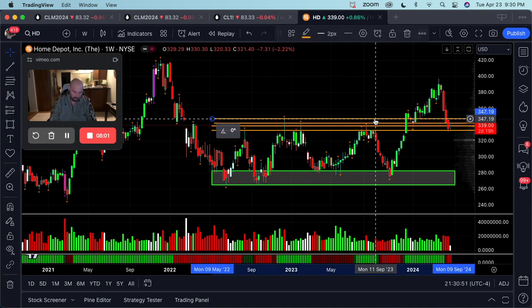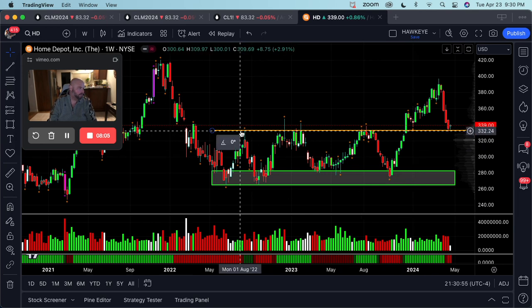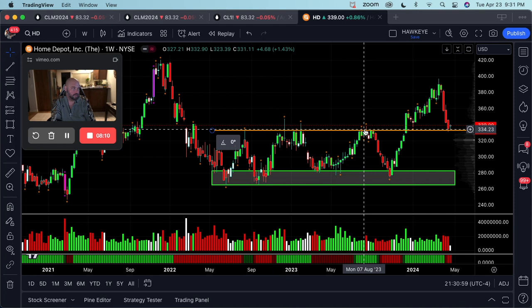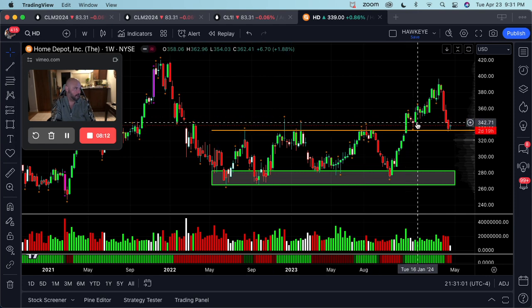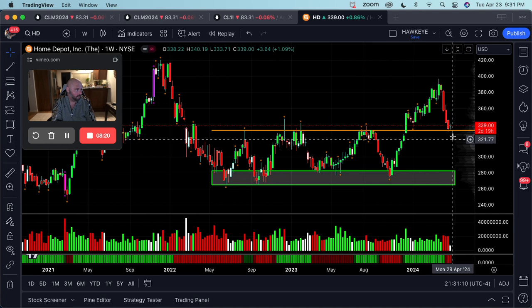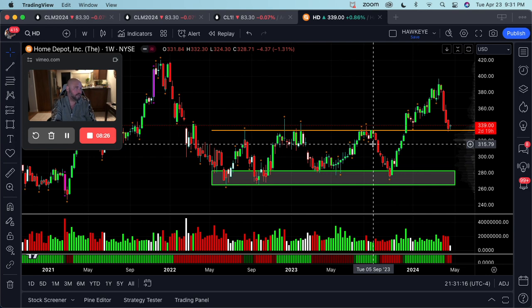But notice, if I dump all three of these and come back to the original line that I plotted on the chart, it was resistance until proven otherwise when it became support. And if this is a key level for Home Depot to potentially rally off of, well, perhaps that's what we have here. So there's lots of unique ways to identify the levels.